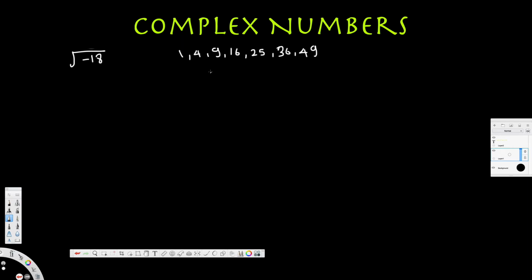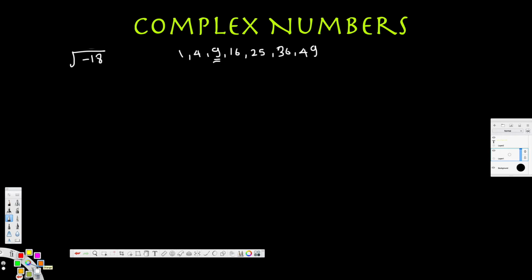Now if you see, we can multiply 1 by 18 and get 18, but this is not the largest number. 9, we can multiply 9 by 2 and get 18, and 16 we cannot multiply by anything and get it. So 9 is the largest number that when we multiply with another number gives 18.